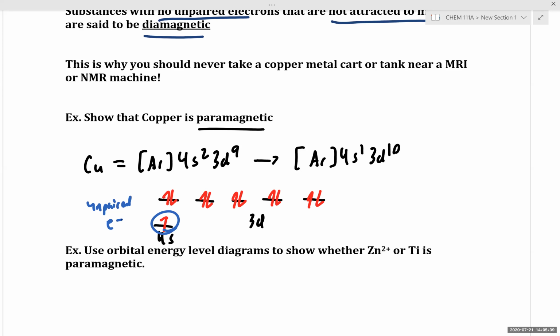Does that make sense to everyone so far? So copper adopts an irregular configuration. It has an unpaired electron, and as a result is paramagnetic. This is neutral copper metal.